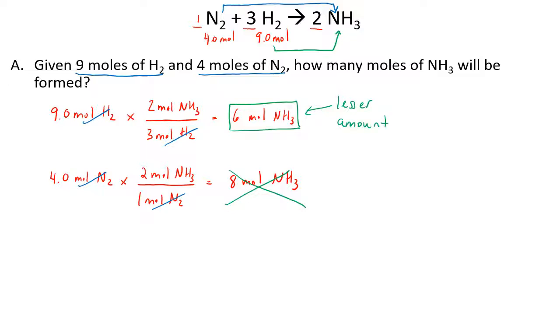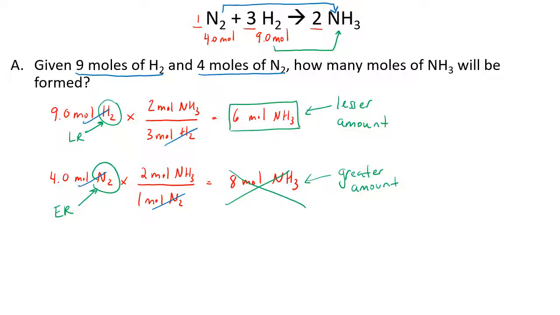So that tells us that the lesser amount, the reactant that was reacting in order to give us that amount, which in this case was the hydrogen, that must be our limiting reactant. The one that gave us the greater amount of product, which was the nitrogen, that must be our excess reactant.